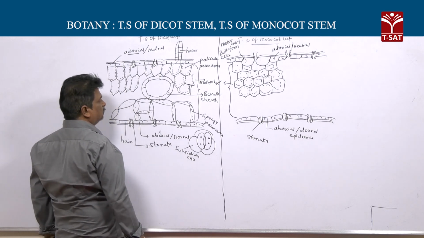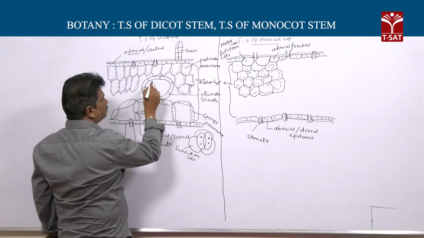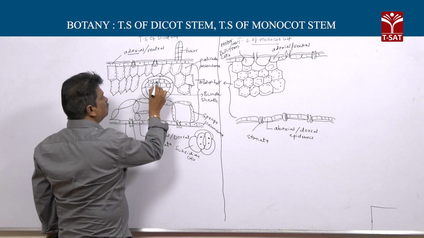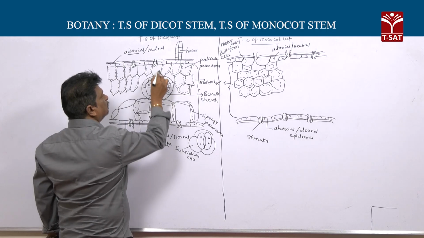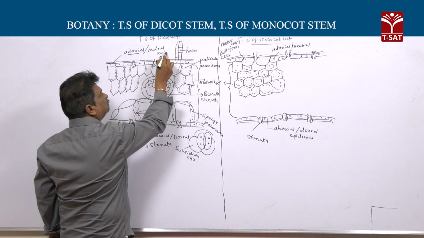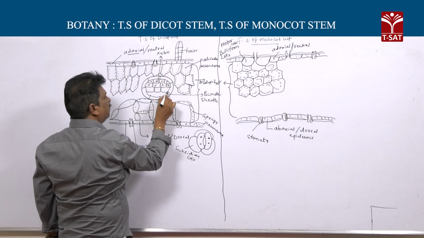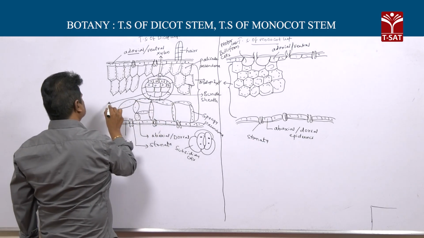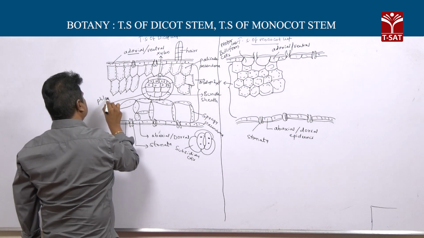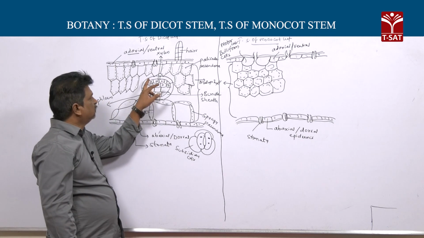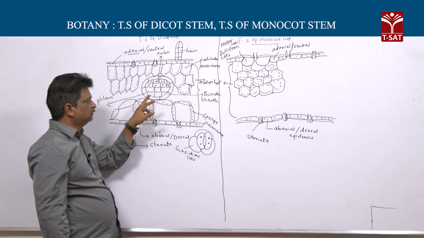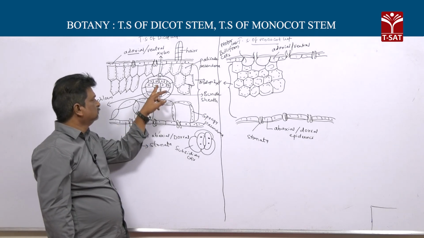Among vascular bundles, generally xylem is towards the adaxial, upper side, and phloem towards the lower side. It means both xylem and phloem are present on the same radius, called collateral.